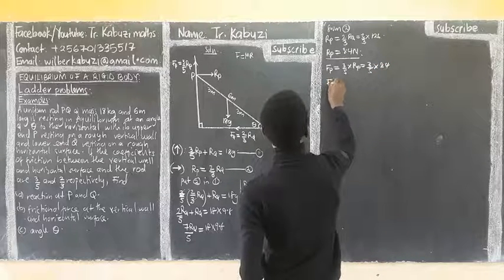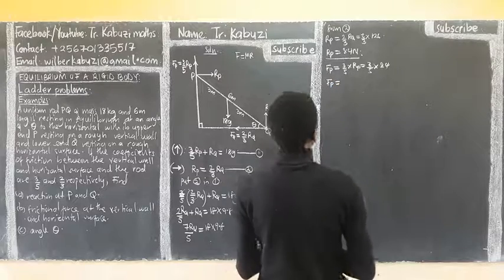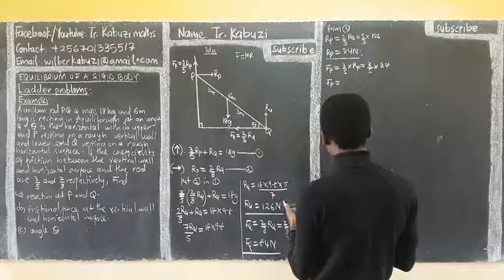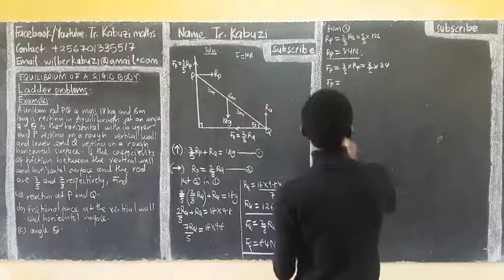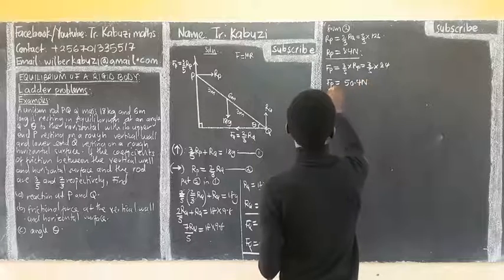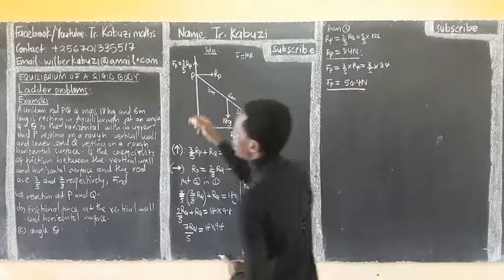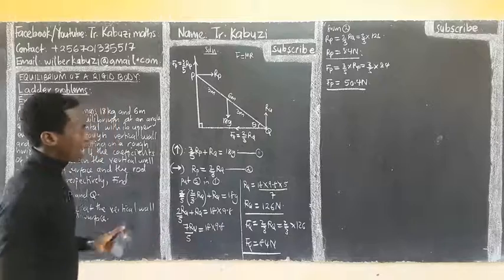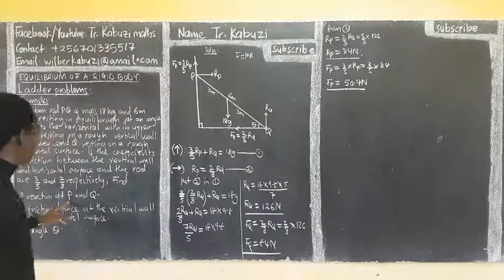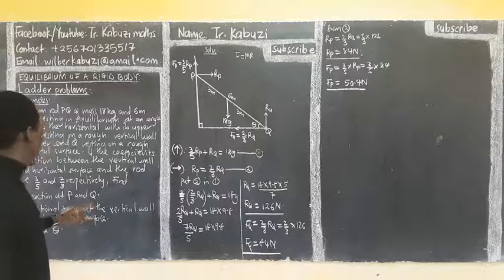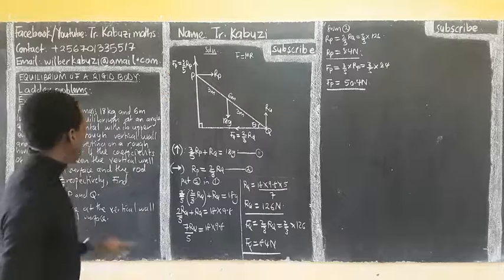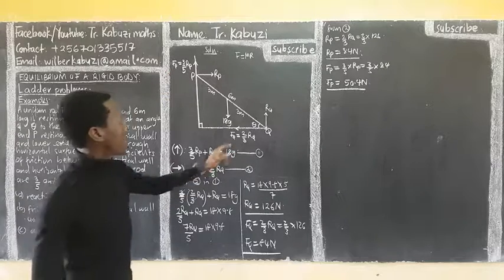So my FP here is going to be 50.4 newtons. So I have my frictional force at P. So that's what we had first. Now remember, I have the reaction at P, I have the reaction at Q, I have the frictional force at the vertical wall, which is FP, I have the frictional force at the horizontal, which is FQ.